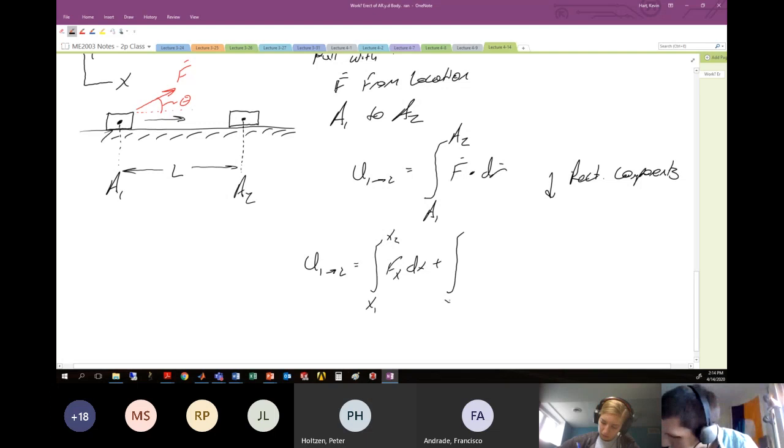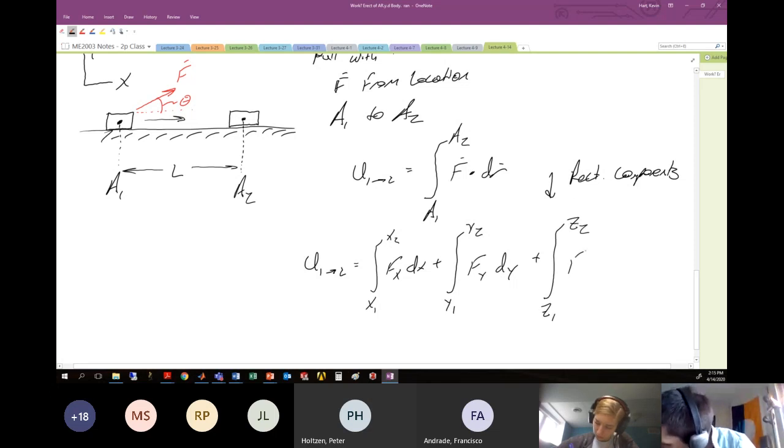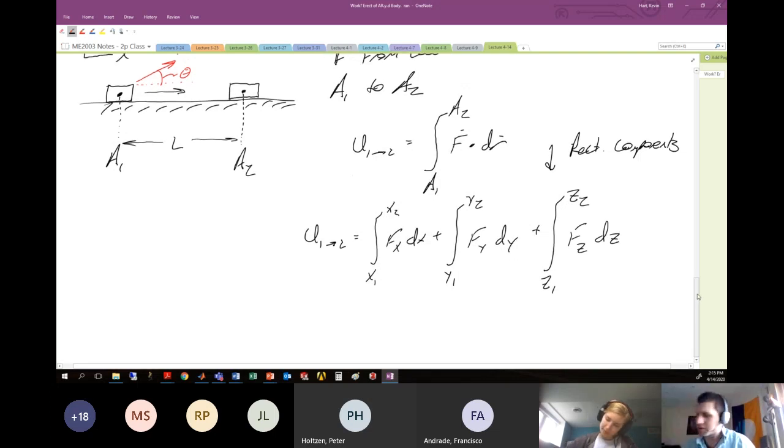Then in the y direction, from y1 to y2 of the force in the y direction times dy, plus going from z1 to z2 of Fz dz. This is just the general expression for work of an external force in a three-dimensional sense. Now let's look at one of these in a little more detail.